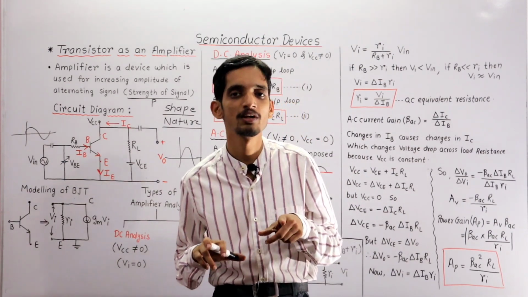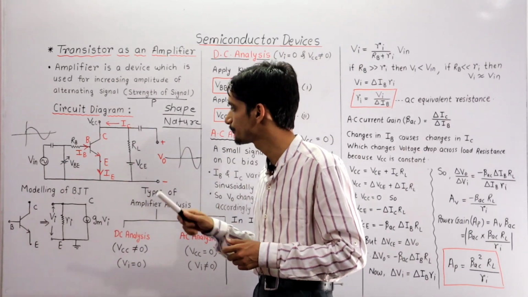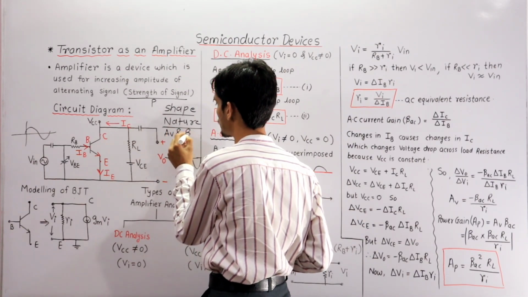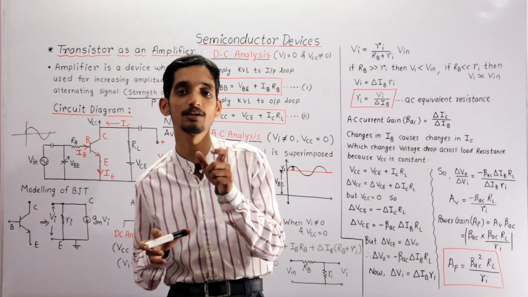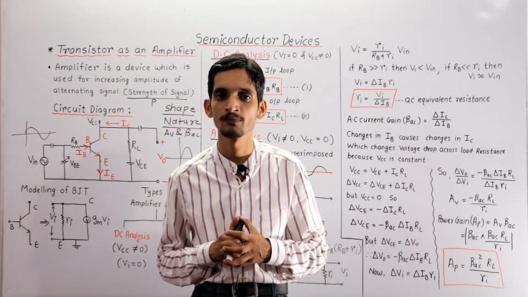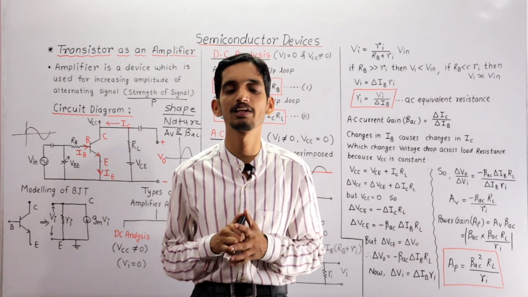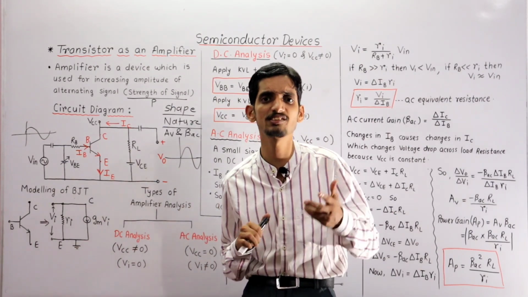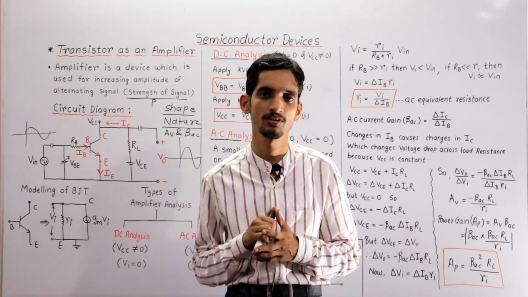What is the reason? Because in CE configuration, the voltage gain, that is AV, and the current gain, that is beta AC, both are moderate. That's why you are getting more power gain, because we have to increase the strength of the signal. In contrast, in CB configuration the current gain is less and the voltage gain is more.